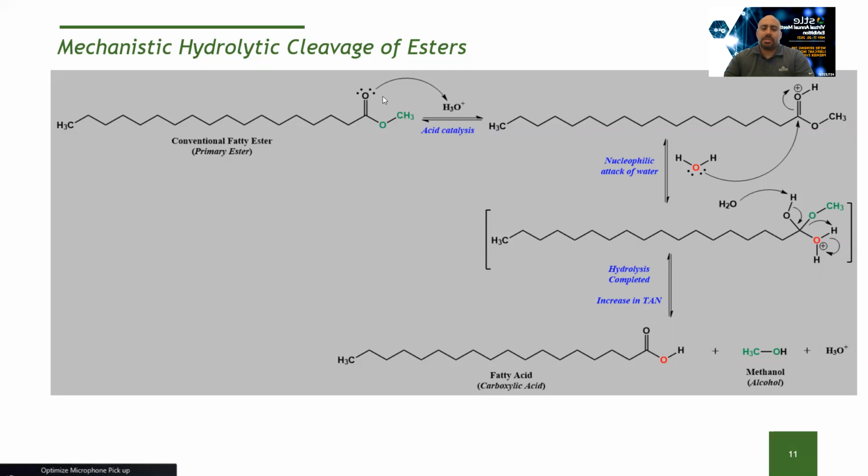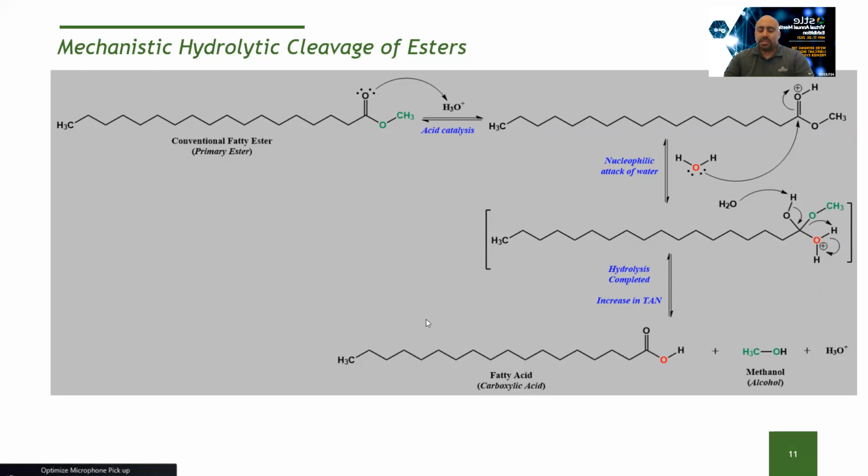So the first step is it protonates, generating this protonated carbonyl. Then water can undergo nucleophilic attack, generating a tetrahedral intermediate, and water then pulls this proton to regenerate the acid here, and the methoxide group leaves and generates methanol. So you've got your alcohol and an acidic component, which is our fatty acid.